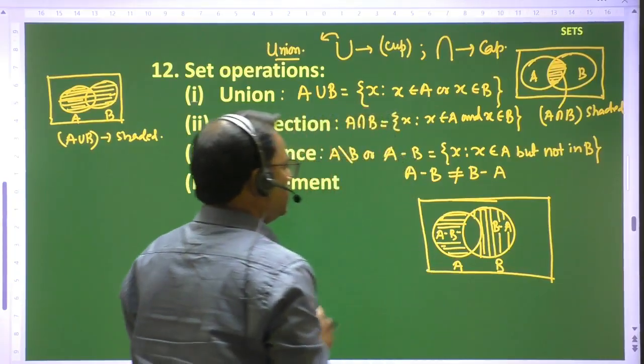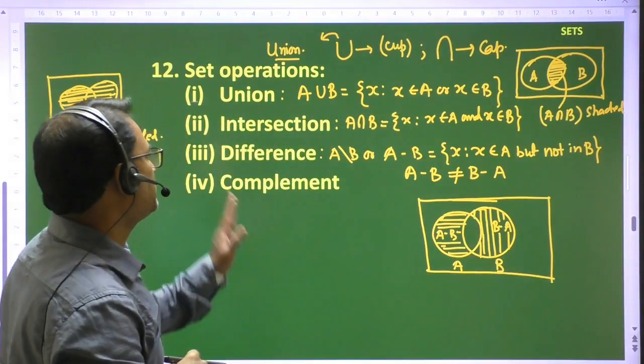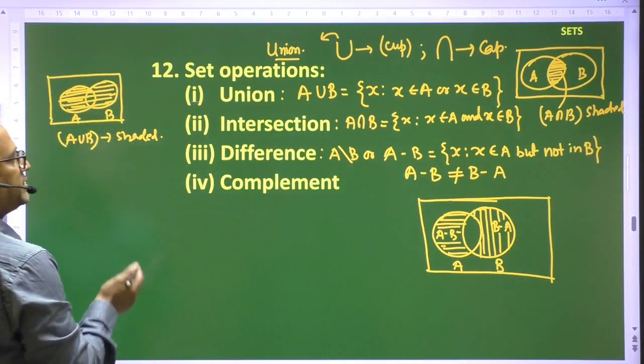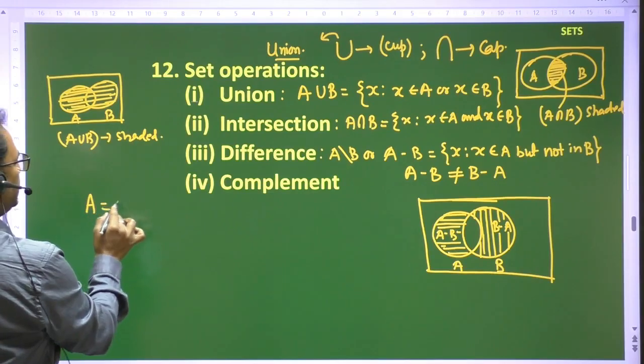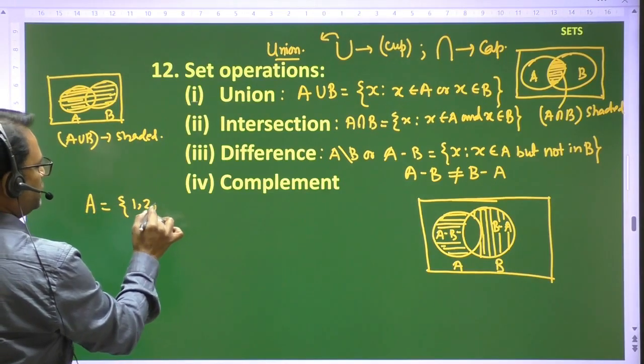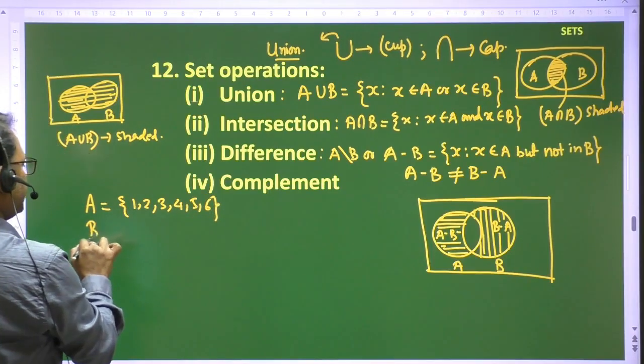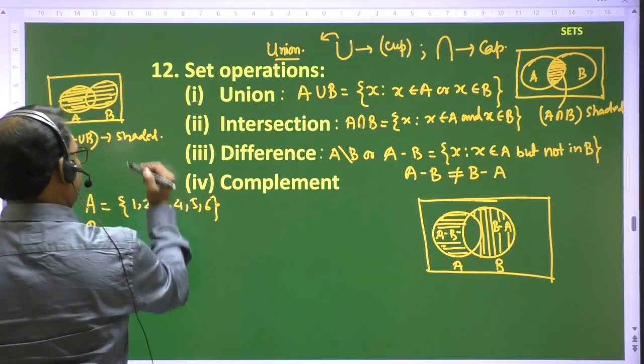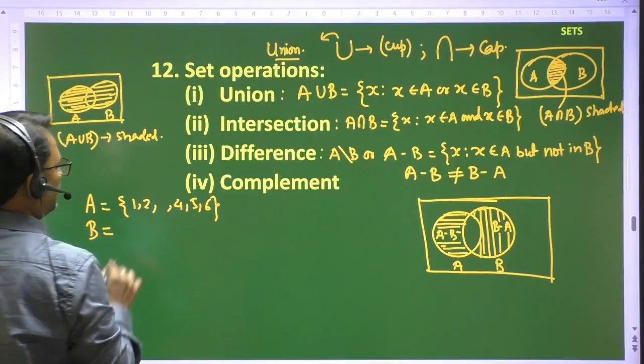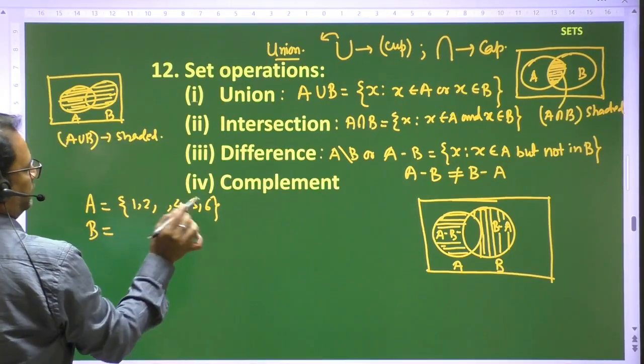Okay, now let's take one example so that we can understand union, intersection and difference. A is equal to, suppose I am taking 1 2 3 4 5 and 6. B, 3 is missing, 1 2 4 5 6.